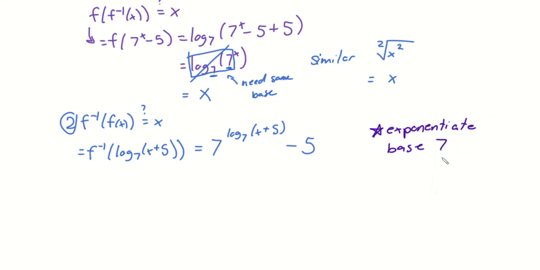So we're raising it. Our bases are the same. So exponentiate a log with the same base. So need same base. Then they cancel out because they are inverse functions.